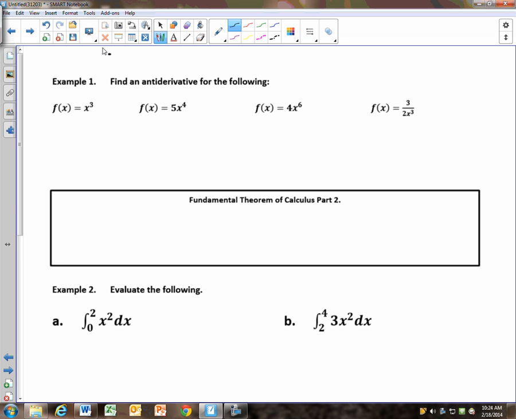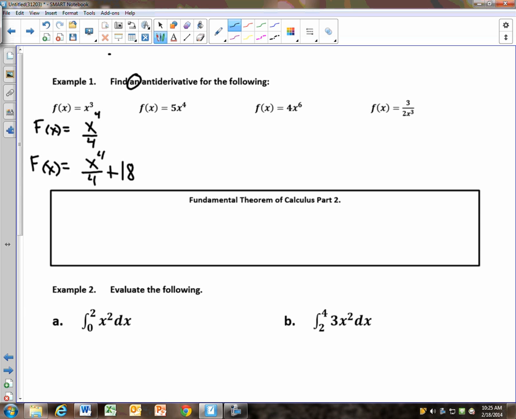Find an antiderivative for the following. So, anybody know what the antiderivative for x to the third is? Very good. X to the fourth over 4. Now, it says find an antiderivative because I want you to know that you could also use f of x equal to x to the fourth over 4 plus 18.